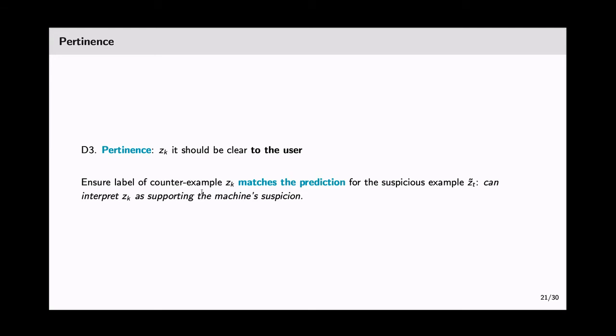In this way, if the incoming example is correct, it's likely that the counterexample is wrong, and if the incoming example is wrong and our counterexample is correct, probably the incoming example needs to be fixed.